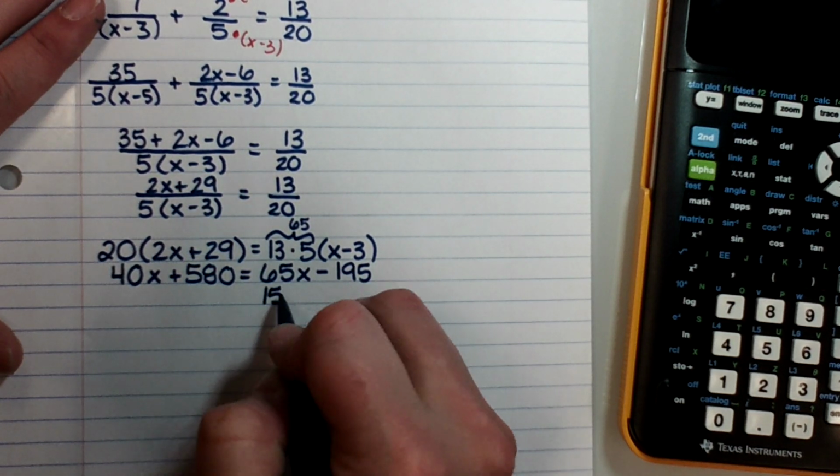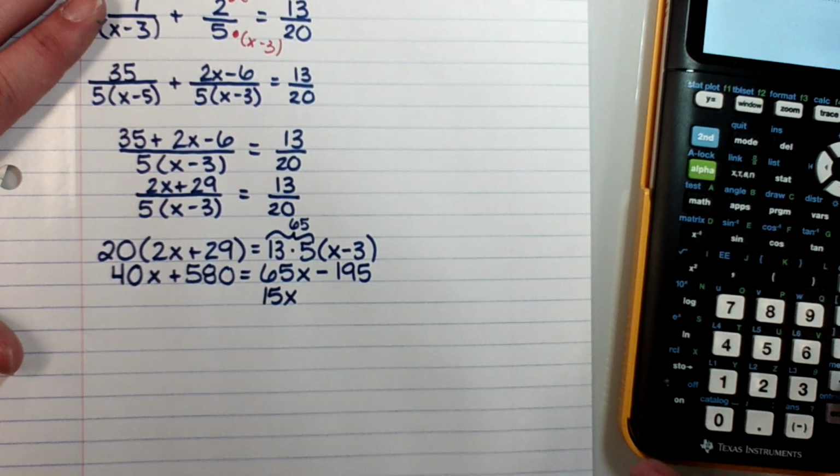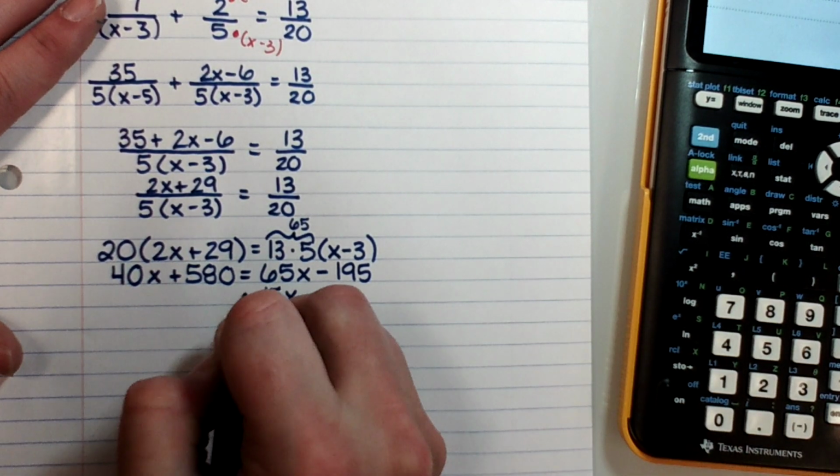Subtract the 40x, I get 15x. Add the 195, I get 775.